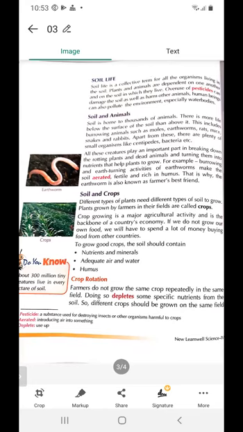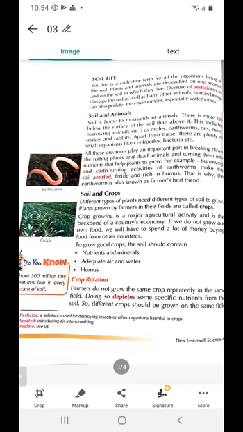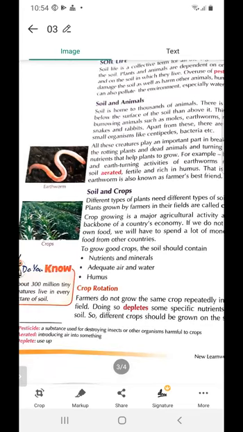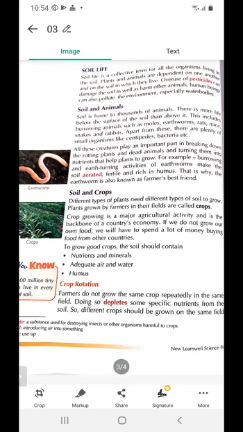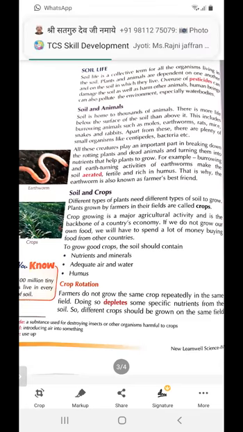Plants grown by the farmers in their fields are called crops. So what do we mean by crop? Different types of plants need different types of soil to grow. As we know, rice plants grow in one soil, and sugarcane plants grow in a different soil.